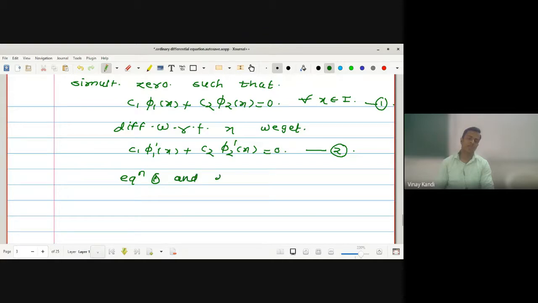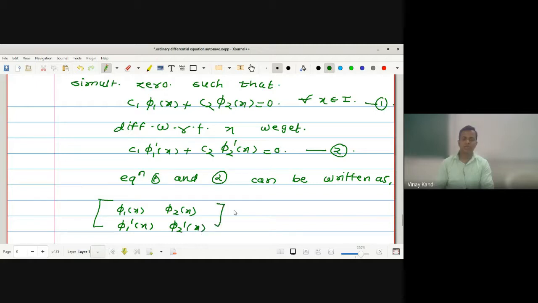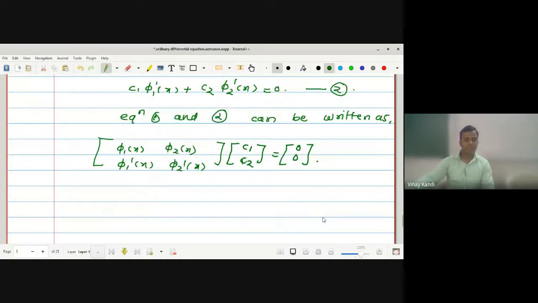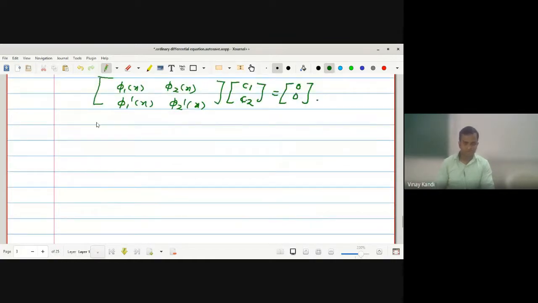Now equations 1 and 2 can be written again in the matrix form as the matrix with rows phi1 of x, phi2 of x and phi1 dash of x, phi2 dash of x, times the vector C1, C2, is equal to 0, where 0 is the column vector. Look here now, the statement is important.